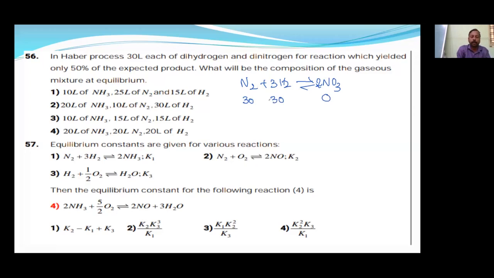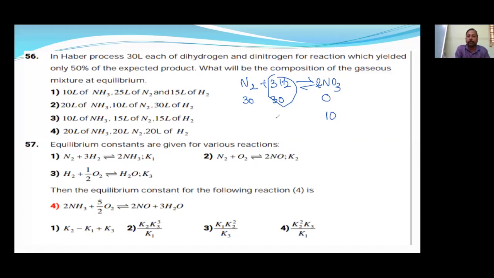Here, what is the limiting reagent? If 1 is supposed to be 30, then for 30 it should be 90. But how much is available? Only 30 is available. So this is the limiting reagent. How to identify the limiting reagent? I think it is clear now. So if it is 30, this will be 20, but only 10 is liberated.